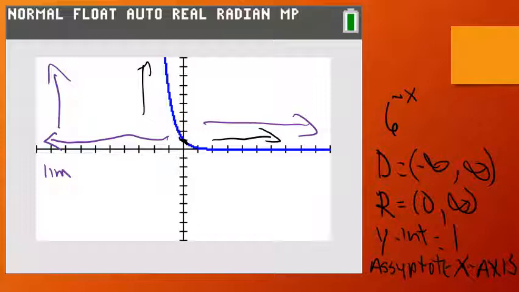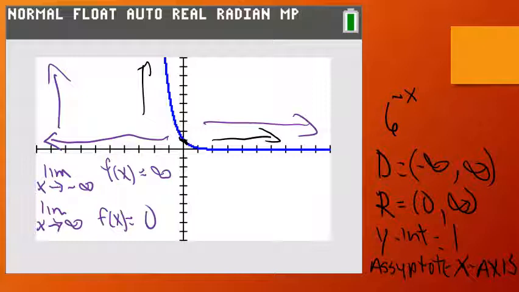I've got a limit as x is approaching negative infinity, f of x is equal to infinity, and a second limit as x is approaching positive infinity, f of x, or y, is equal to 0.